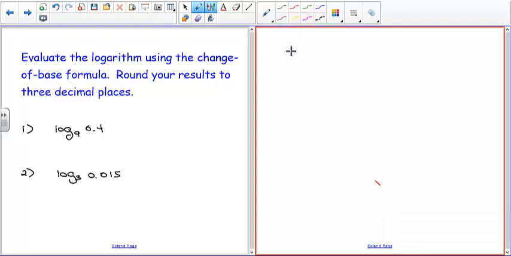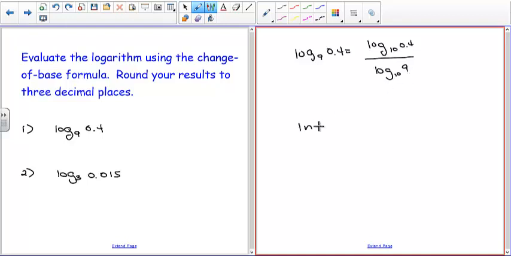So we can either use base e or base 10. We'll do both of them, just to show you it does work. Okay, so the first problem, log base 9 of 0.4. What you do is take the log to the base 10 of 0.4 and divide by the log to the base 10 of 9.